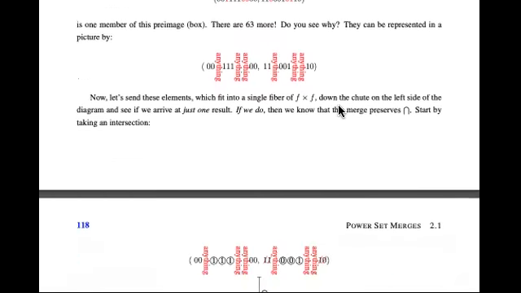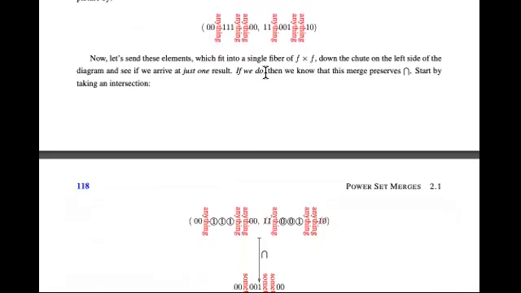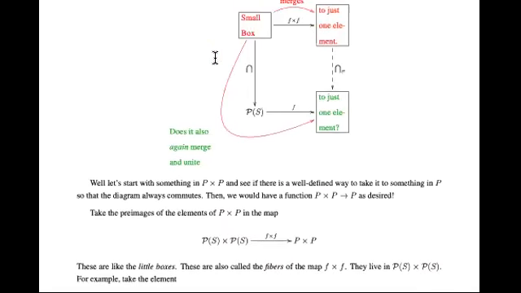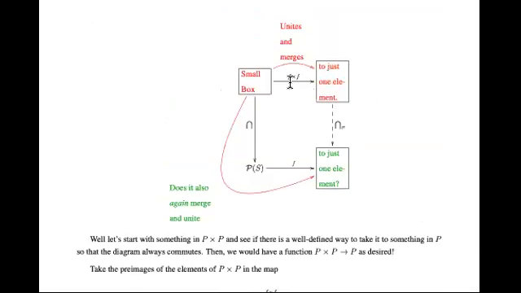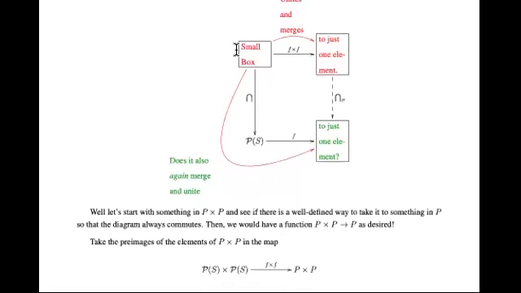Okay, so let's see what happens. Where are we going to send those elements? Let's go back to this diagram. Right now we're right here. We took a pair in P cross P, and we sent it back to a lot of things, which we'll call a small box here, in power set cross power set, which is right here.